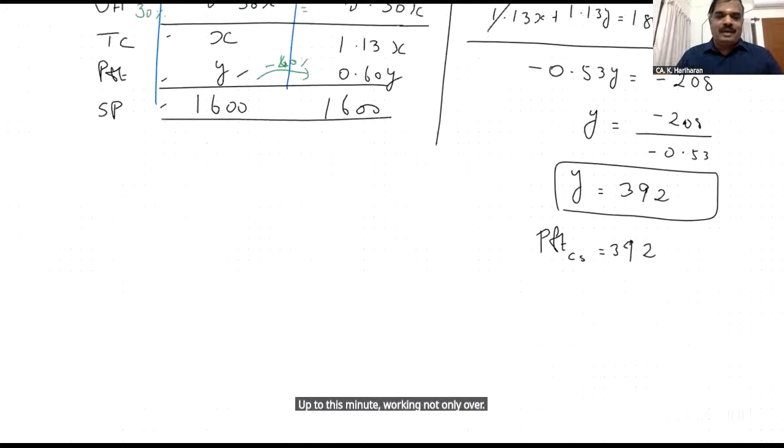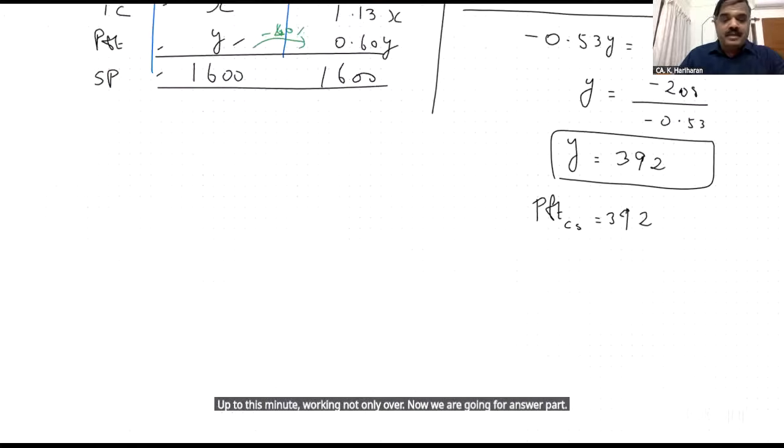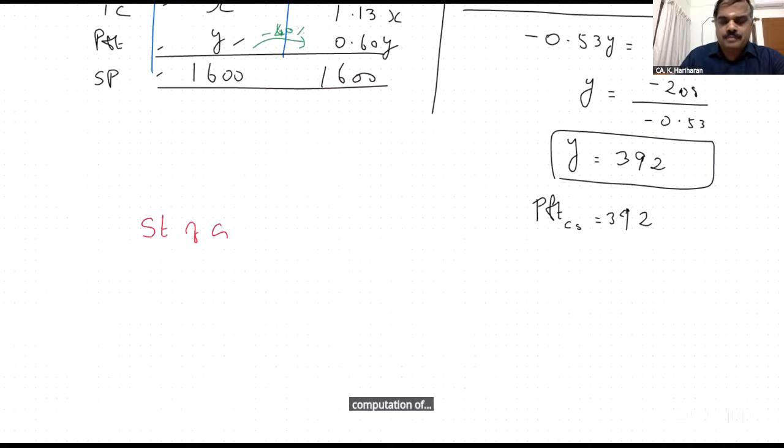Now we are going for the answer part. The requirements of the question: statement of computation of current profit.